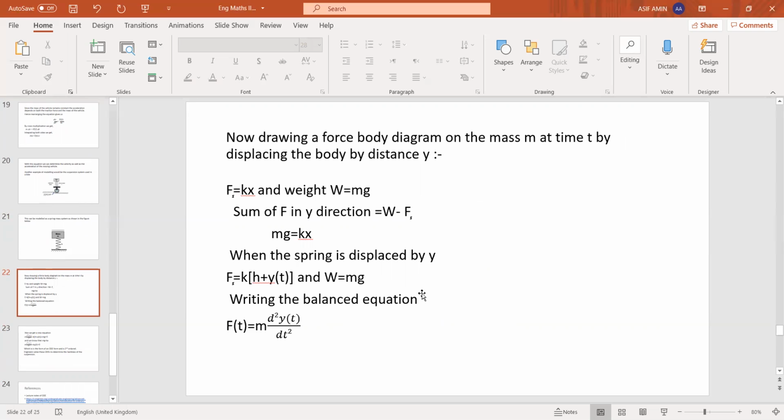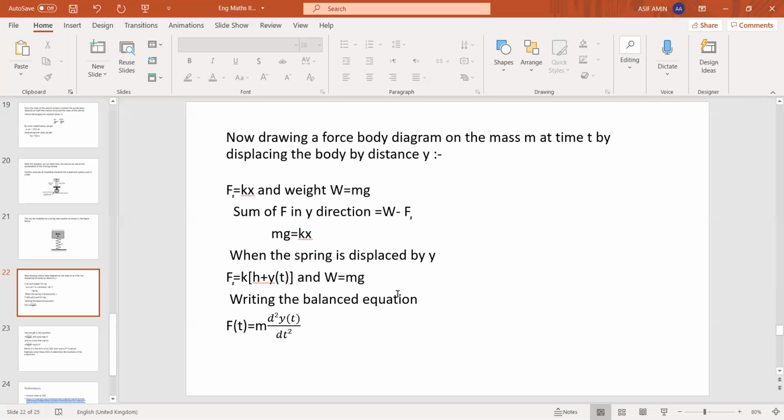Now, as I have shown, the upward force is the spring force, and the downward force is weight. So the sum of forces in the y direction is given by W minus F, which is basically equal to 0. So weight is equal to spring force, we can say. Therefore, mg is equal to kx.